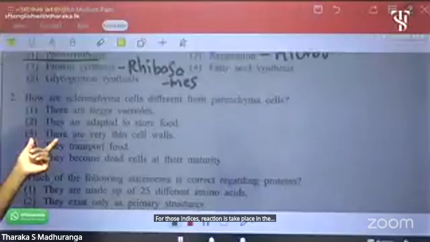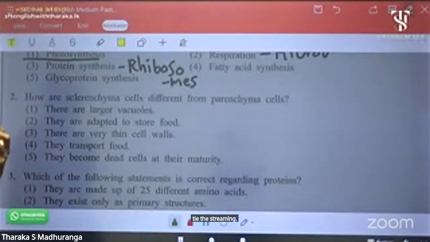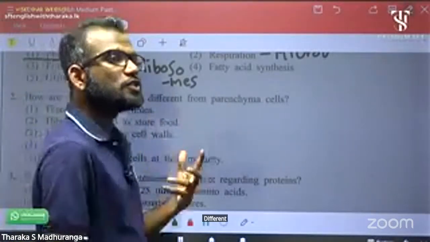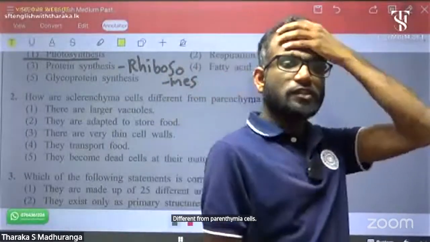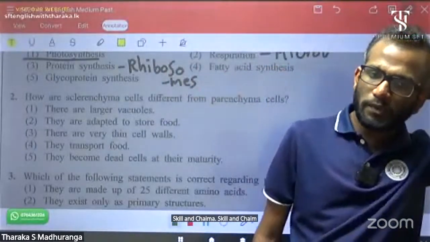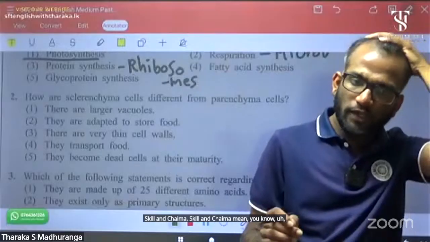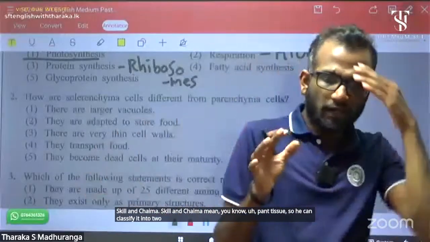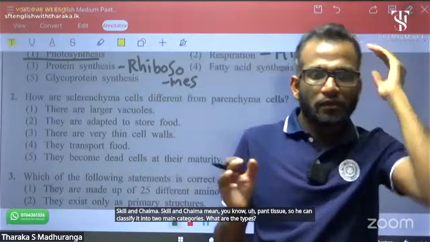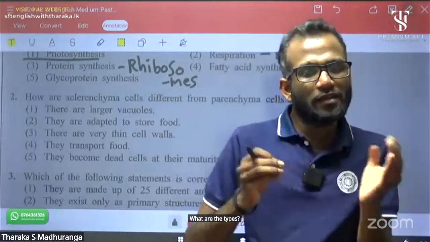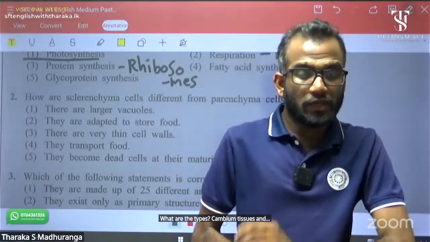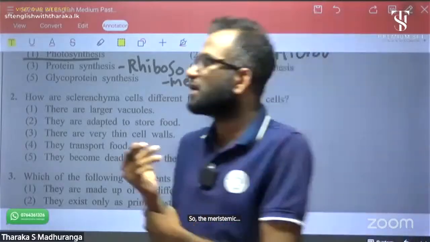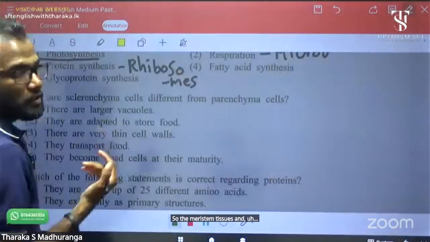How are sclerenchyma cells different from parenchyma cells? Plant tissues we can classify into two main categories. What are the types? Meristem tissues and permanent tissues.